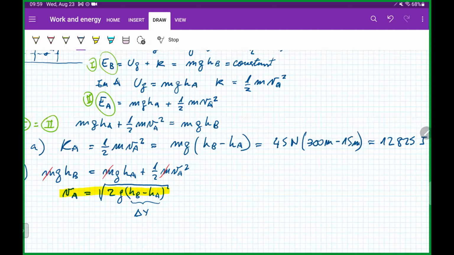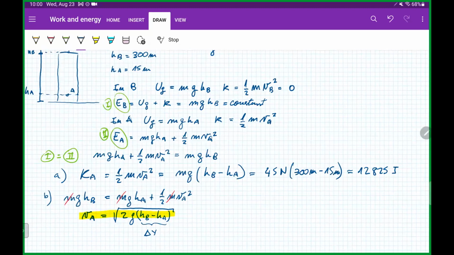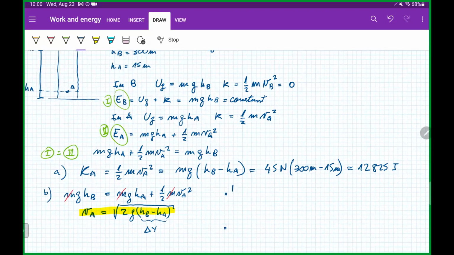So pretty useful in terms of practicality, because imagine that the thing is not just free falling. Imagine that I'm just telling you that it's following some random path from B to A, not on a straight line, free falling. It's taking some kind of roller coaster path, doing something like this, and then arriving at A, right?